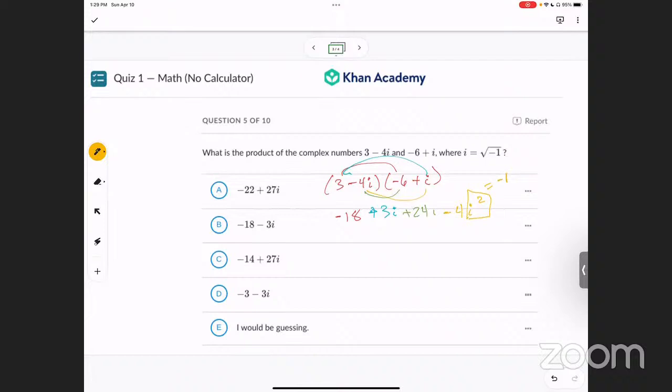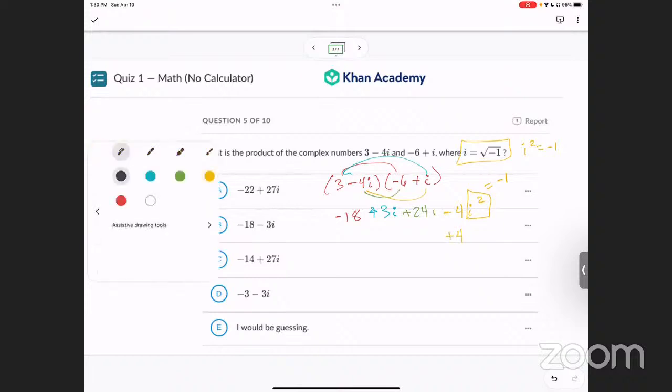I don't know if you've learned that yet. I think you did learn that last year. So i squared equals negative 1. Just remember that. Again, that's a concept that you have to understand, imaginary numbers. And then negative 1 times negative 4 is positive 4.